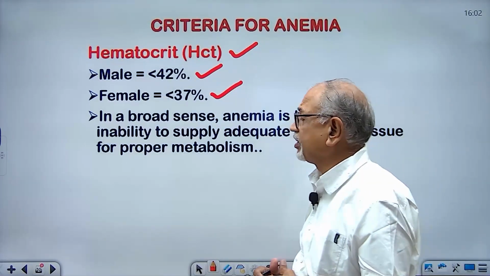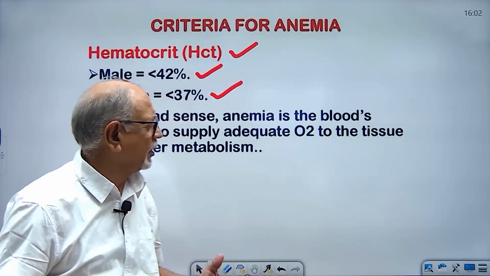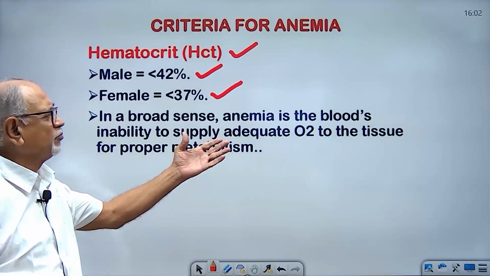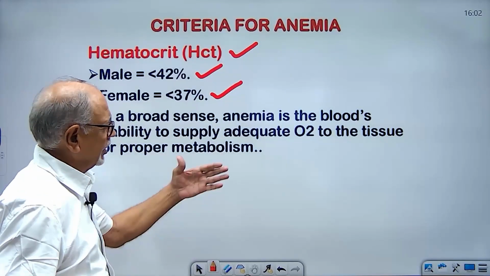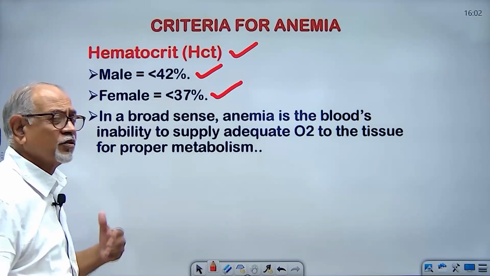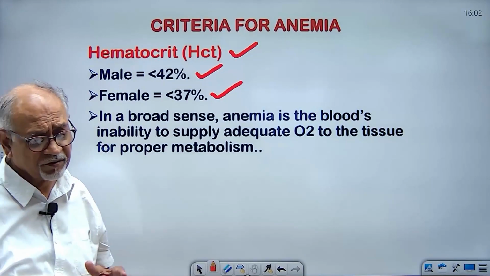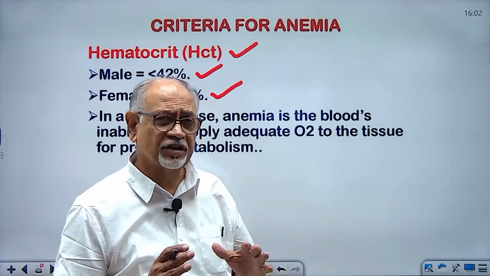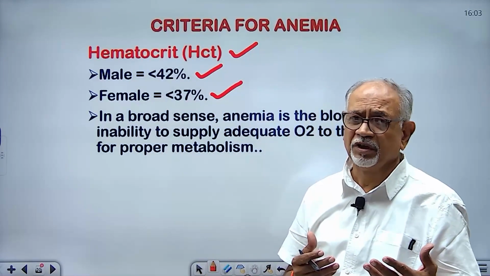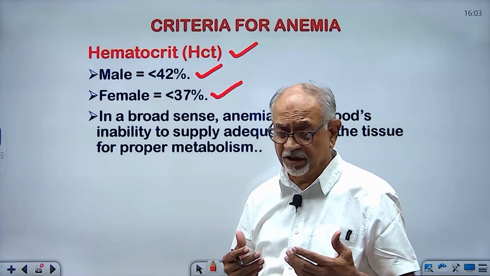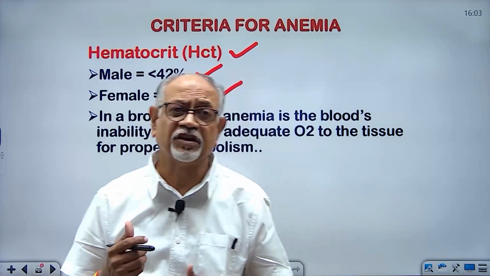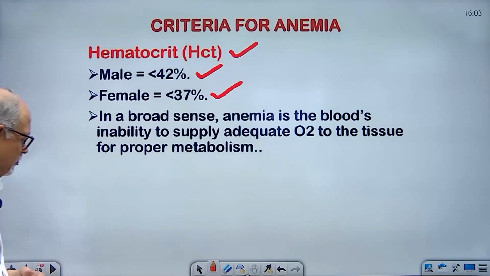In broad sense, anemia is the blood's inability to supply adequate oxygen to the tissue for proper metabolism. If proper oxygen is not supplied to the tissue, then it should be because of the decrease in hemoglobin concentration.